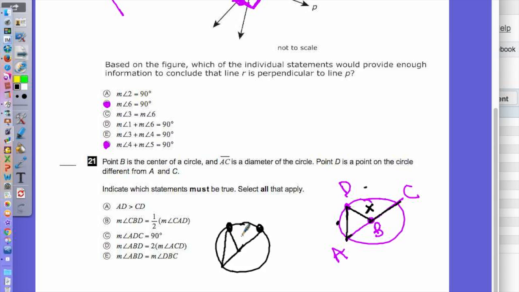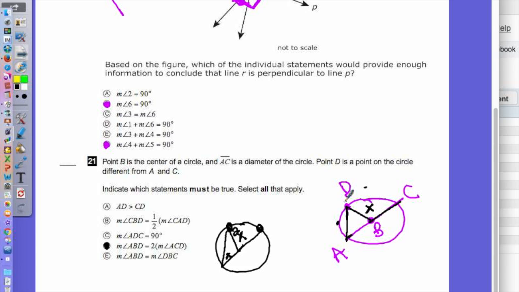So this one should be larger than this one. In fact, if this is X, this should be 2 times this. Okay? I'm going to jump down. That's why D is the correct answer. Okay?